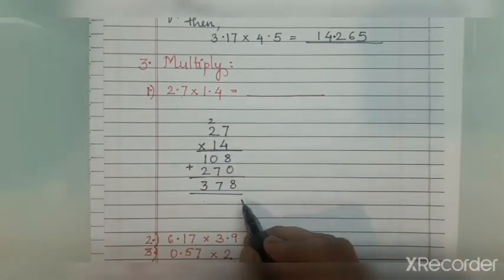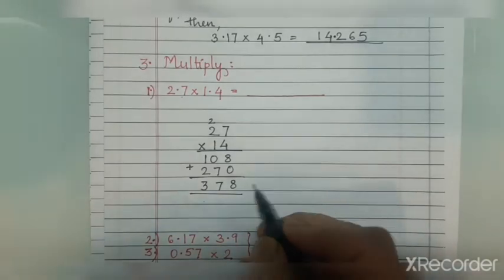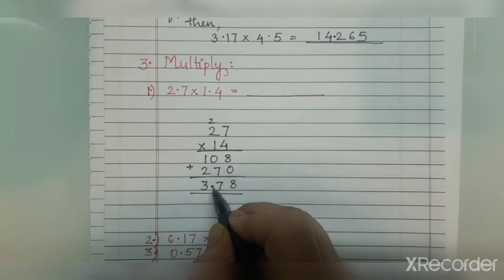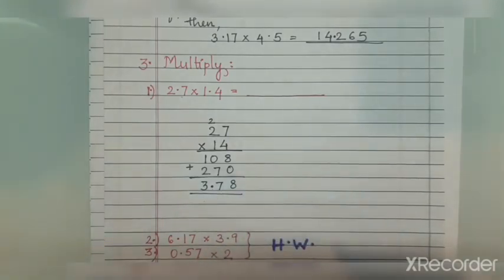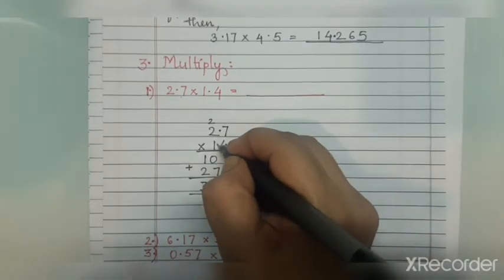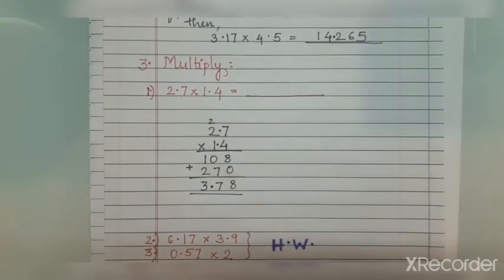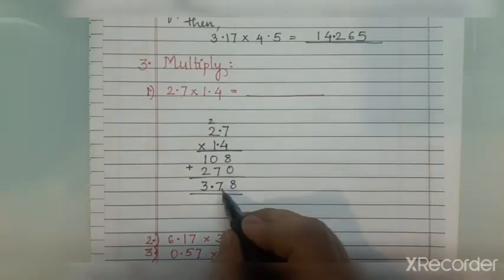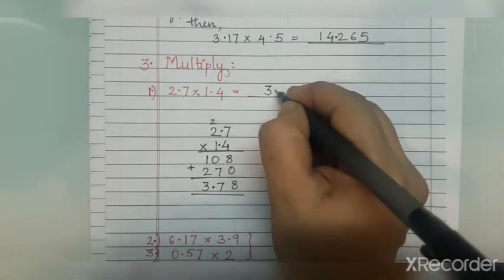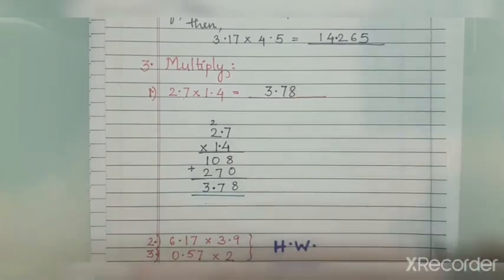So for the answer also we have to place it at 2 decimal places. So from the right hand side count 1 and 2 and put a decimal. Now after solving you can put this in the question also if you want. And finally we'll write the answer 3.78. Isn't it very simple?